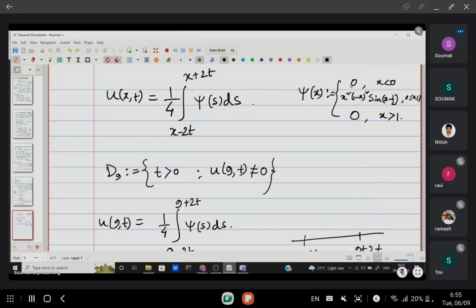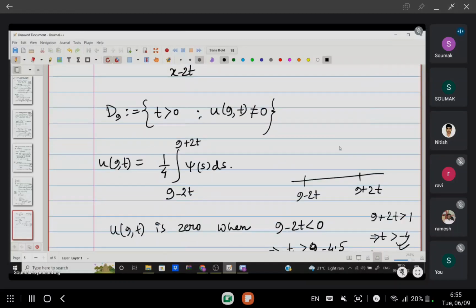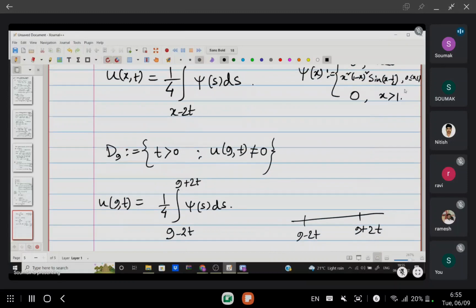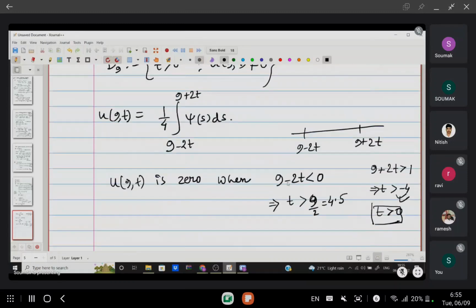So u(9,t) is 0 when 9 minus 2t is negative. Then I put psi equal to 0 in that interval, so I got u equal to 0 there.